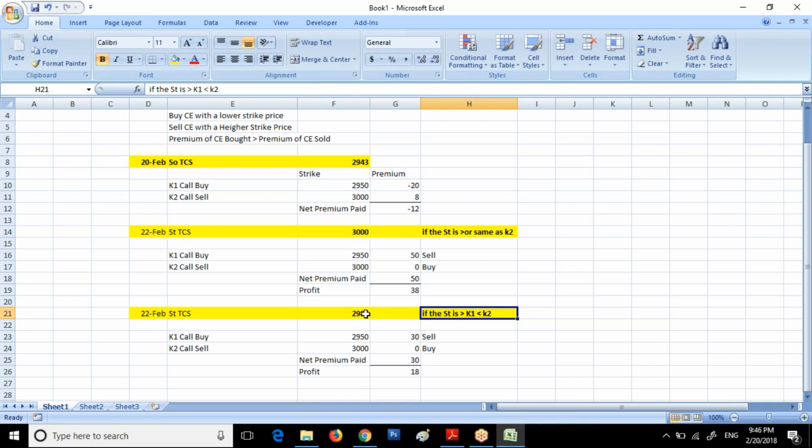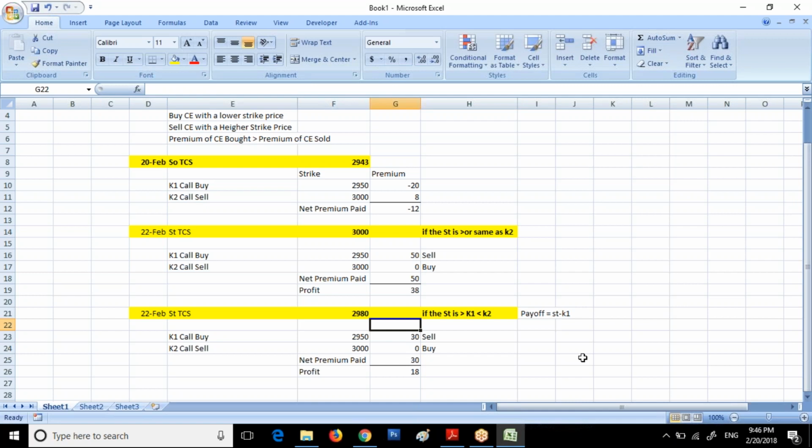So anywhere in between, the payoff would simply be equal to ST minus K1, and in this situation that comes to 30.